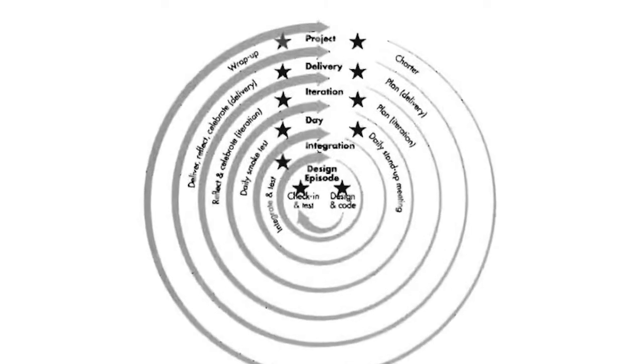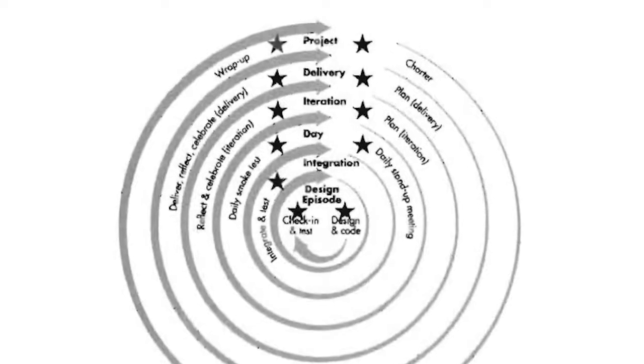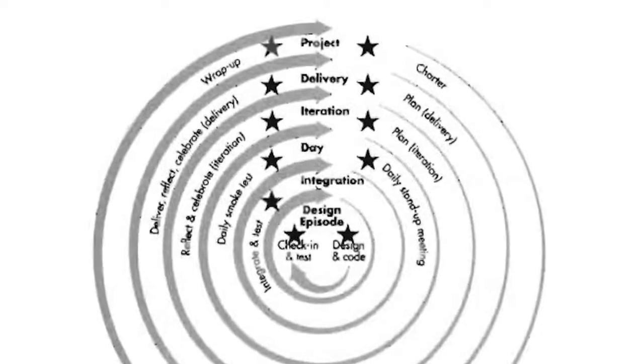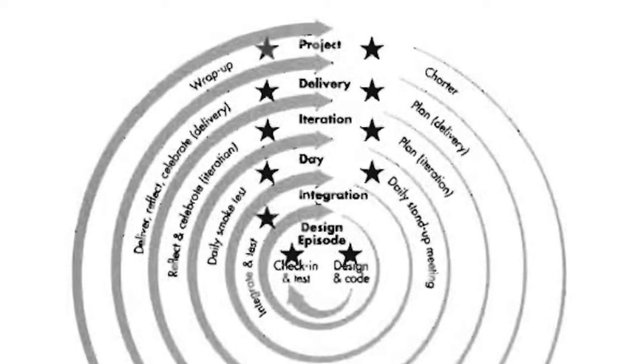The circle inside the project circle is the delivery cycle. The idea is that there are multiple deliveries per project, and that's one of the fundamental characteristics of Agile. Inside the delivery circle is the iteration circle, so there can be multiple iterations per delivery. The next circle is the day circle, which means that an iteration is composed of a set of days during which a similar set of steps is followed.